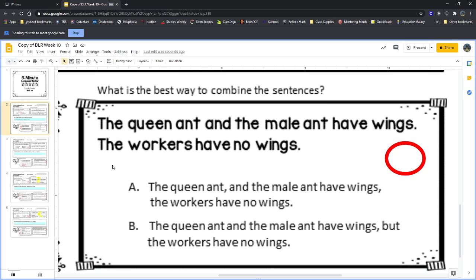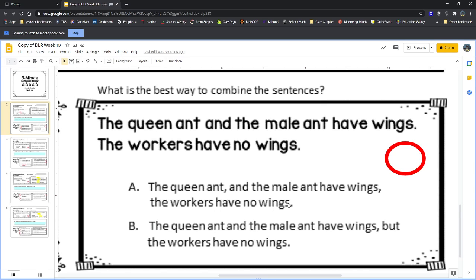The workers have no wings. Or B, the queen ant and the male ant have wings, but the workers have no wings. Which answer choice is the better way to combine these sentences? Noah, A or B? Which one do you think? A. The queen ant and the male ant have wings, the workers have no wings.